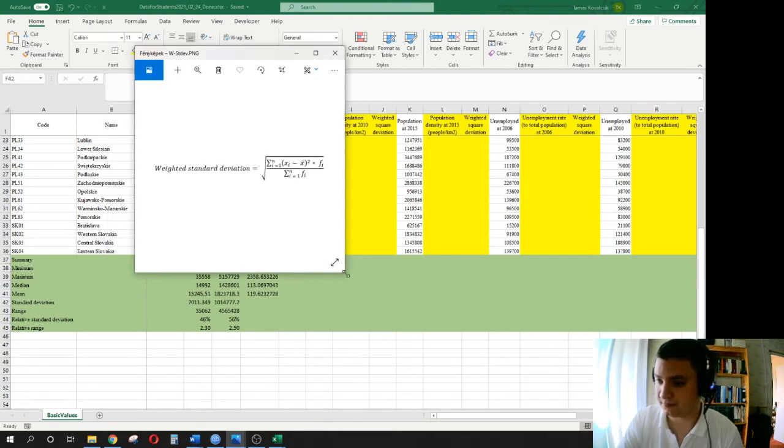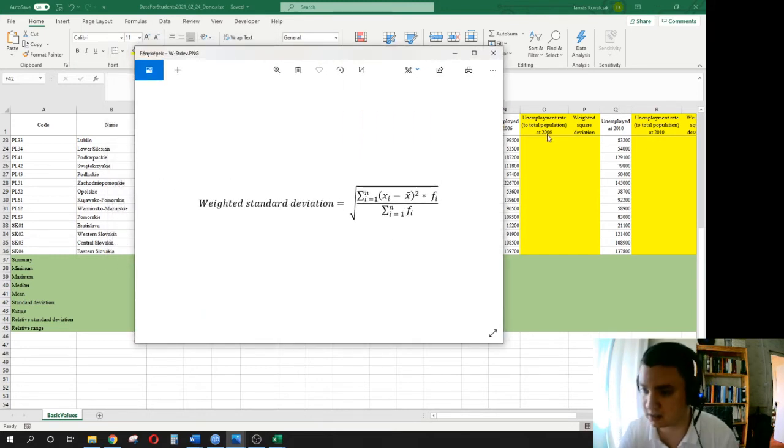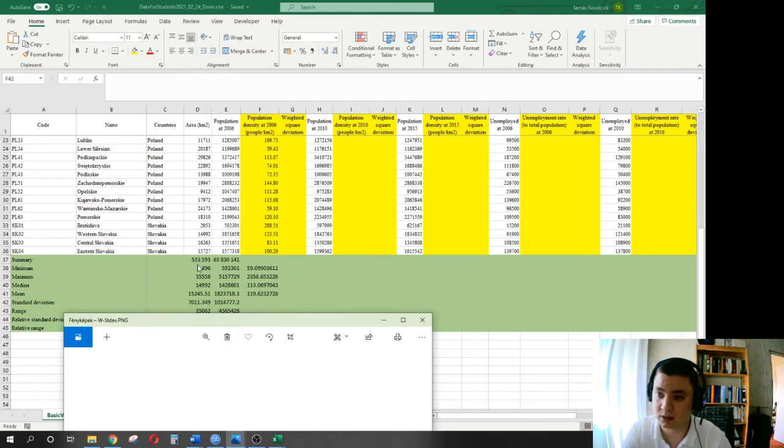For the standard deviation, we have another formula, the weighted standard deviation. We have a difference from the mean, but we have to use the weight value, and divide by the denominator, not just the number of cases, but the summary of the weight, which in this case is the square kilometer area.